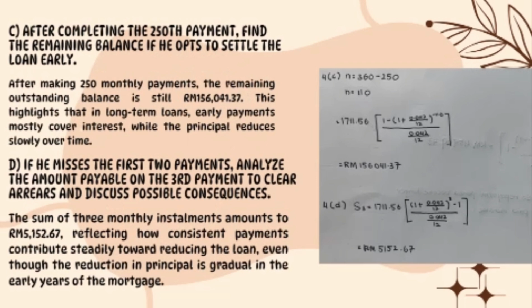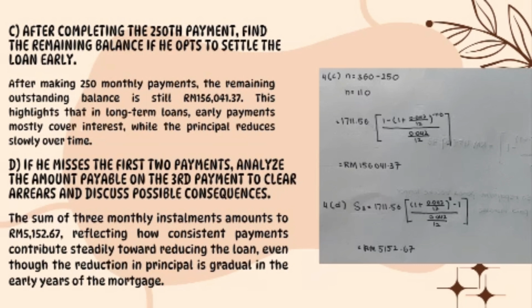And C, after completing the 250 payments, find the remaining balance if he opts to settle the loan early. After making 250 monthly payments, the remaining outstanding balance is still 156,041 ringgit and 37 cents. This highlights that in long-term loans, early payments mostly cover interest while the principal reduces slowly over time.